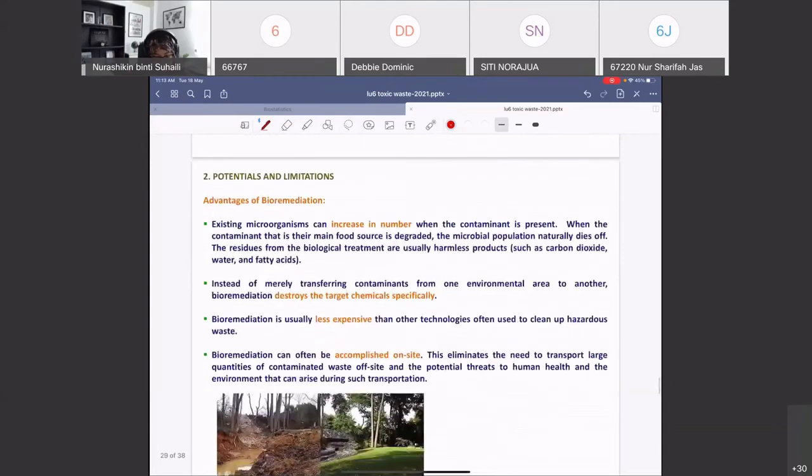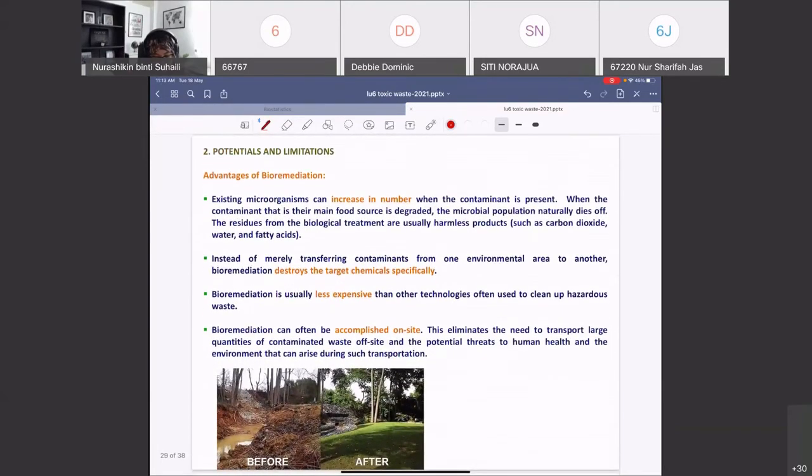Okay, advantages of bioremediation. So what are the advantages of bioremediation? Perhaps we can relate with the processes that we discussed before, the physical, the chemical, and also the thermal processes. For example, chemical treatment involves the use of chemicals.